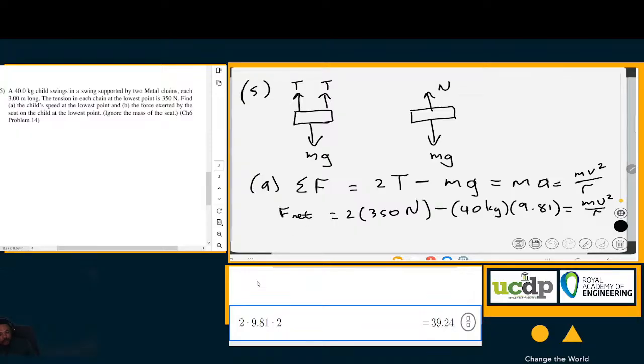If we do all of that math, the answer comes out to 308 newtons, equal to m v squared over r. Okay? Now, what is the radius of the circle?